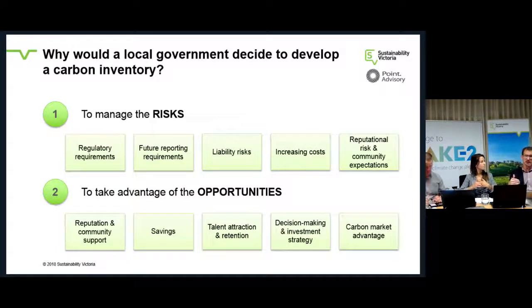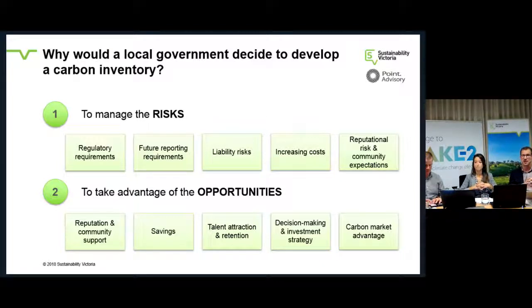So on the flip side of that, we have a range of opportunities that carbon accounting and also carbon mitigation more generally can bring to your organisation. The first one is around reputation and community support, which is really just the flip side of that previous one. You can gain support from your local constituents because they see that you're a forward-thinking, proactive organisation in the field of climate change. Savings is really the flip side of costs.